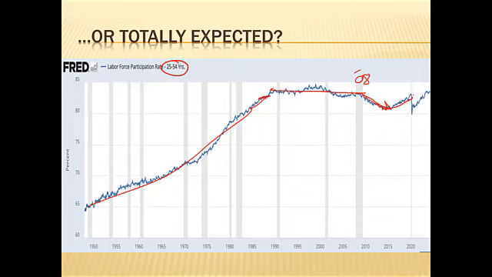Then it rebounded, and then it fell in COVID, but it rebounded even more. And right where we are in mid 2024, we are pretty much at the levels we were at 20 years ago, and not much below the all-time peaks of the late 1990s. So not a huge trend when we narrow in on people outside of that retirement age group.